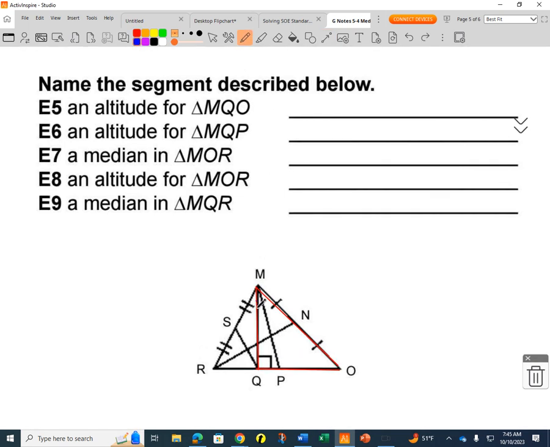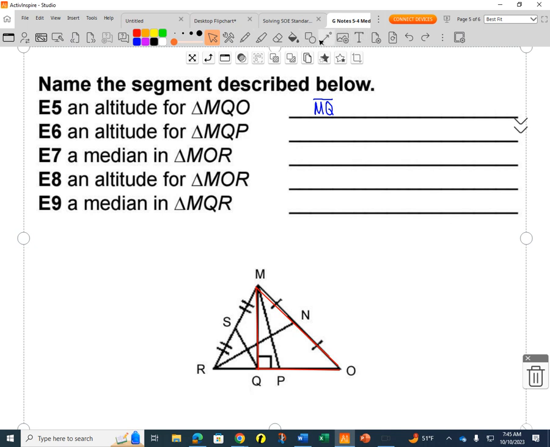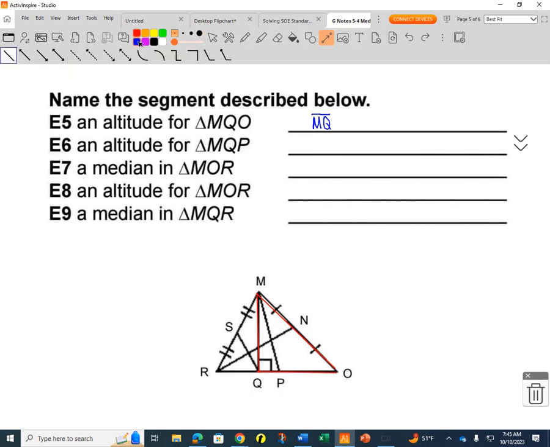So MQ is the altitude of triangle MQO. So MQP, let's see. Alright, let's just do MQP in a different color because I can't erase it.